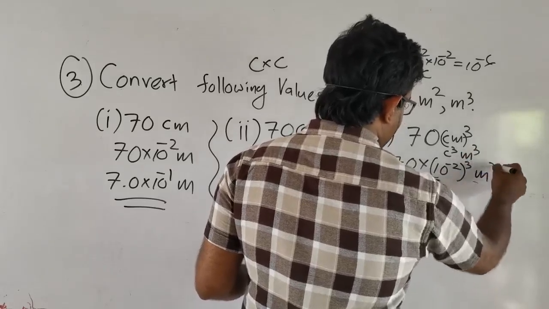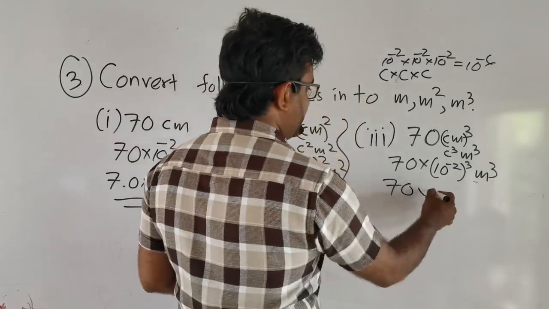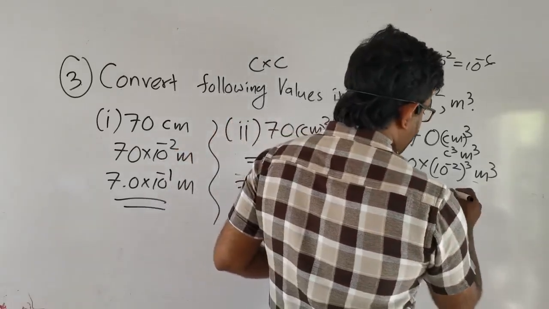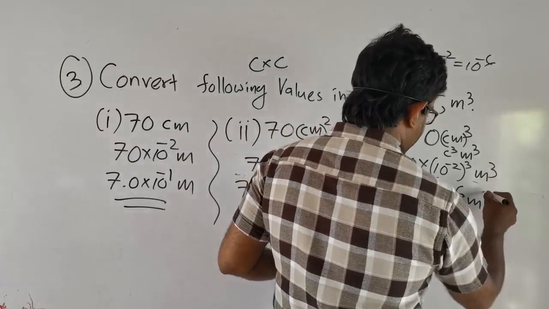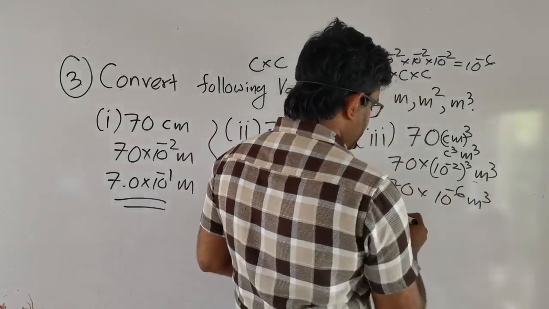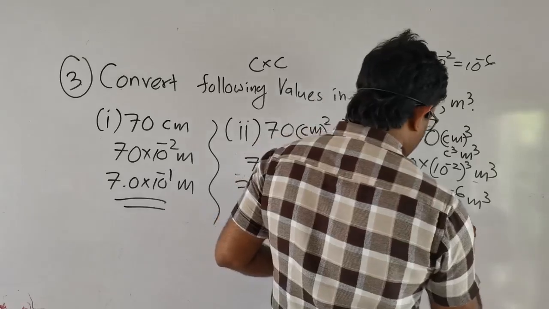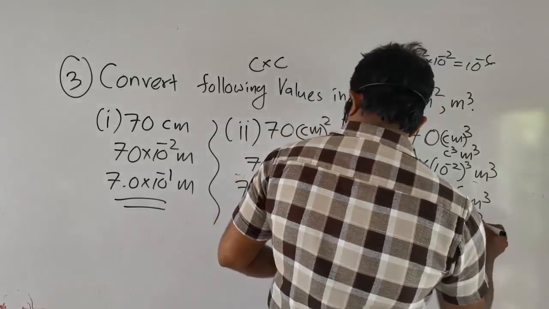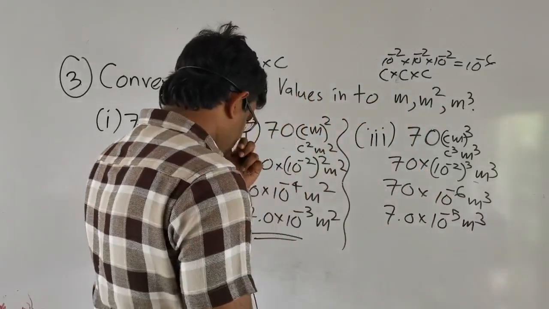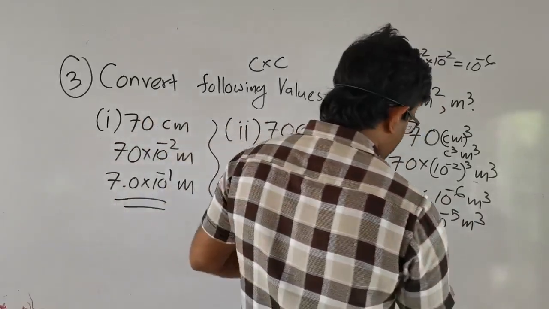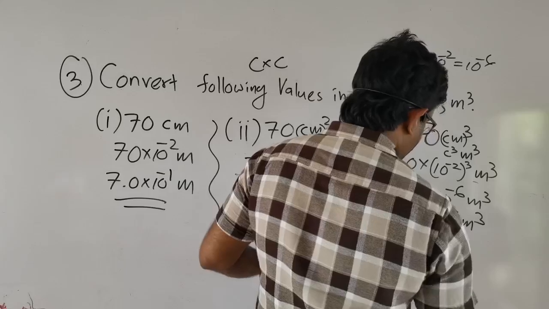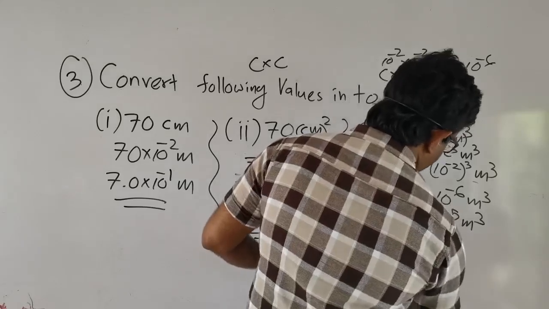Then cubic meters, 70 into 10 to the power minus 6, so 7.0 into 10 to the power minus 5, right? Then 7.0 into, right, this is the final answer.